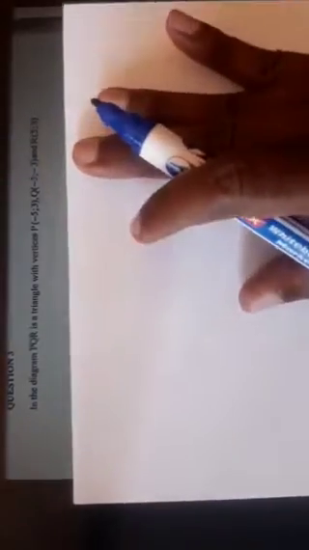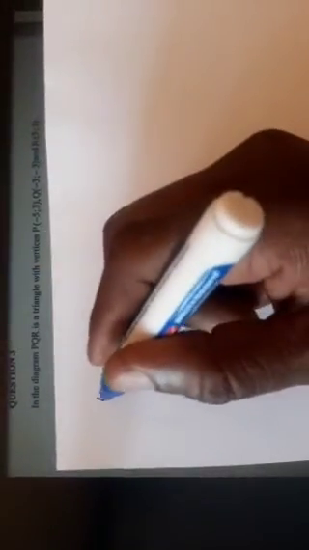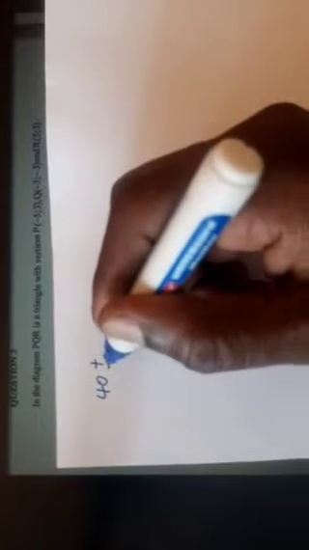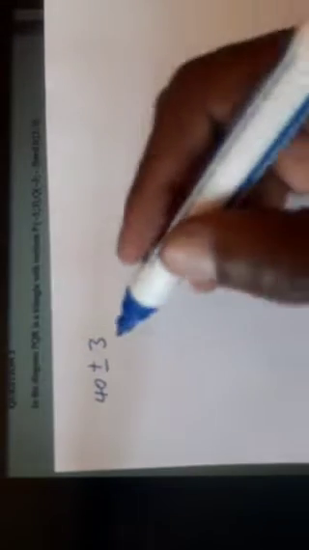So this chapter is key analytical geometry for grade 11 and 12. But this one is grade 11, and then my set grade 12. So let's check the question in the diagram.